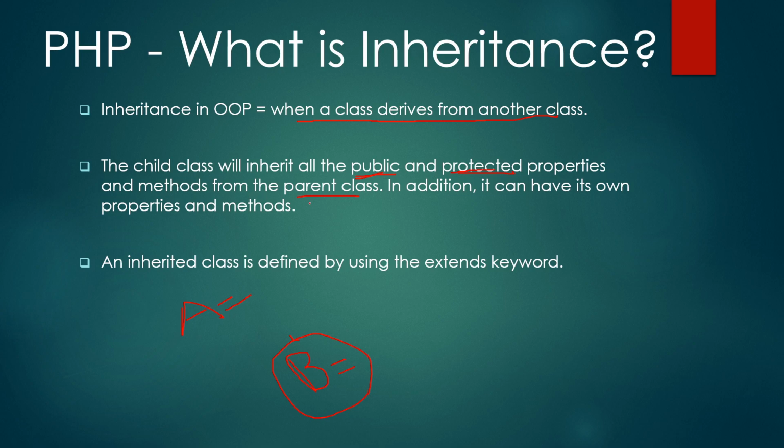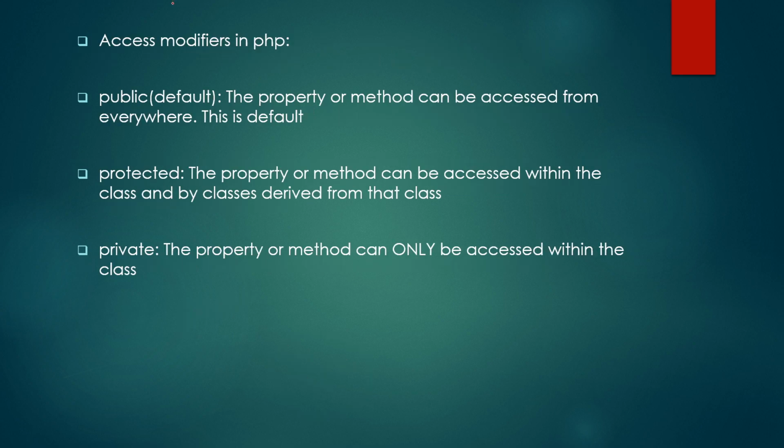Now see, we have three types: public, private, and protected. These are access specifiers which are given to properties and methods. First we have public, which is the default.